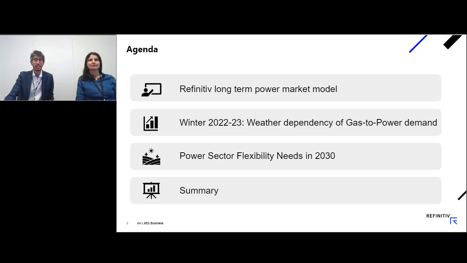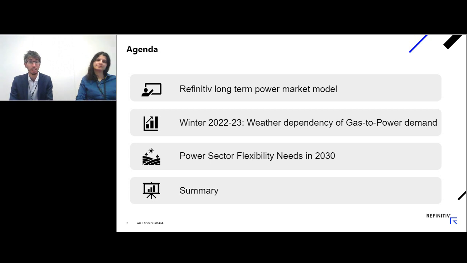And yes, we have started this journey about energy transition in the Refinitiv Power Research Group last year. We launched the model last year, and now I'm going to first remind you and present a bit of our long-term power market model, and then Natalie will show how to use this model also in the short term.